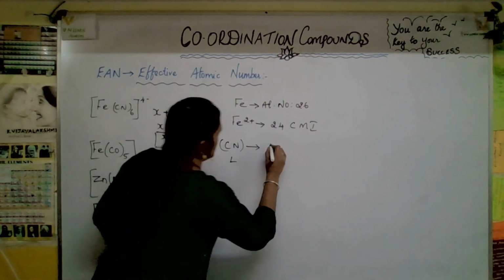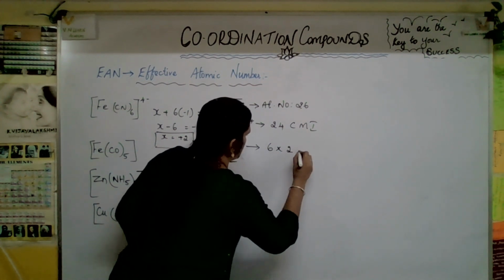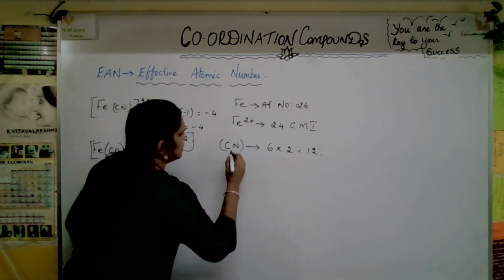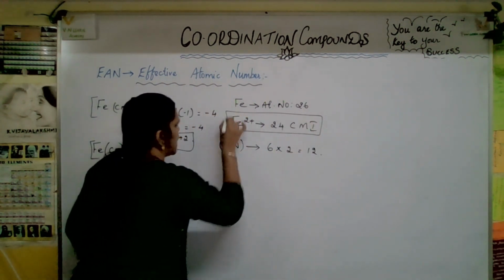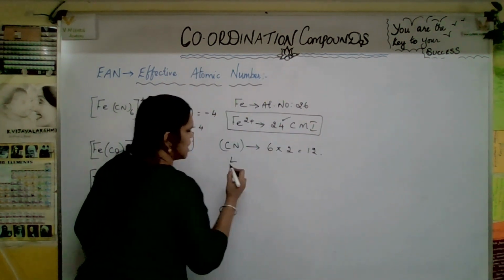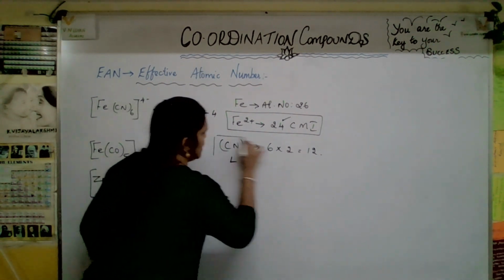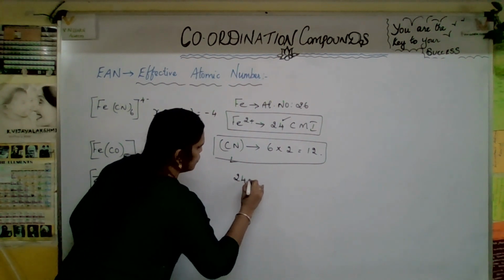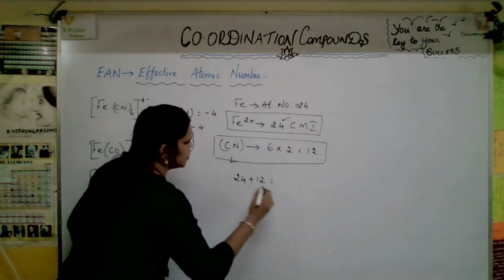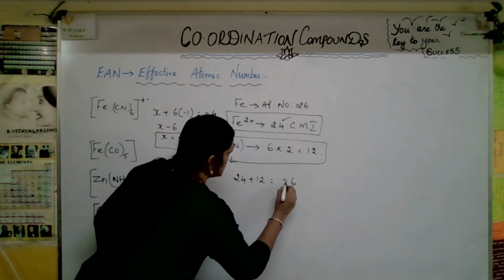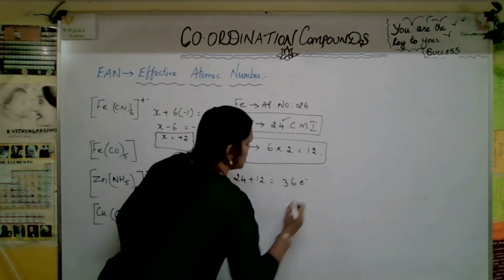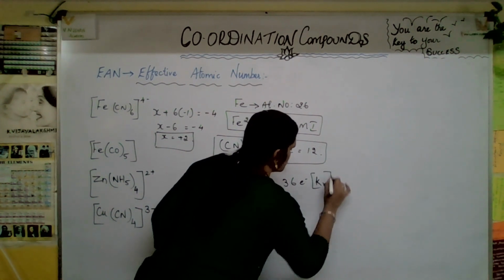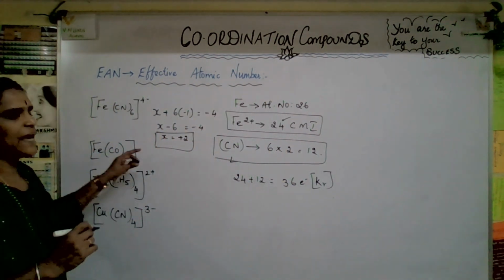Here, 6 into 2, so that means 12 electrons. Now, 24 plus 12, altogether this is 36 electrons. So that means 36 electrons is krypton, right? So in that way we have to calculate it.